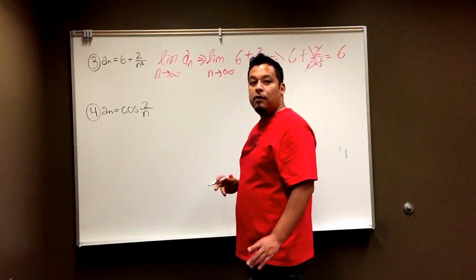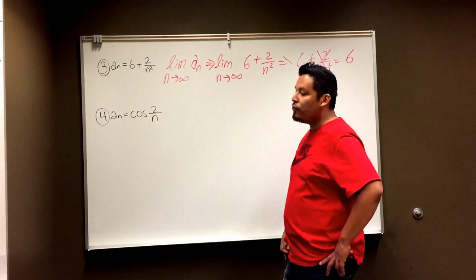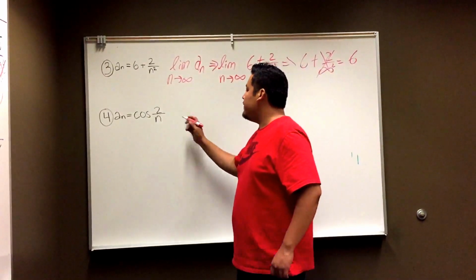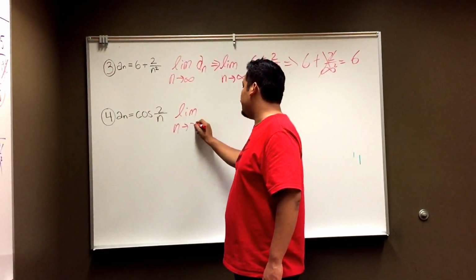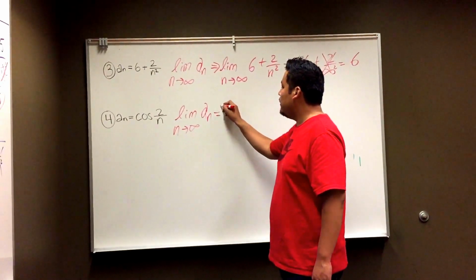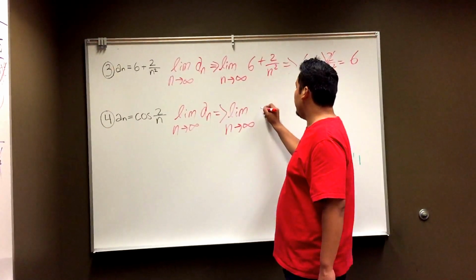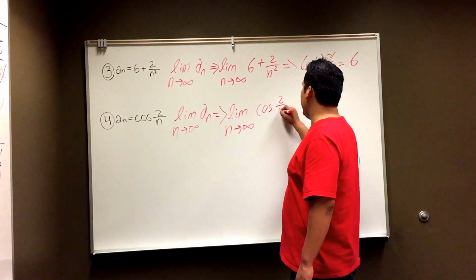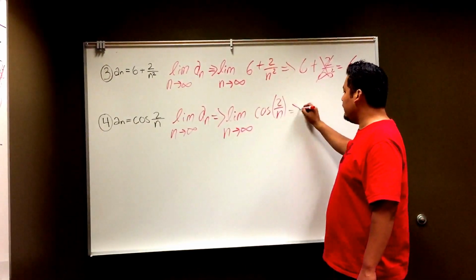Now going over the example of cosine 2n. In this situation, let's do the same process. Limit as n goes to infinity of a sub n. I'm just trying to be technical here. So again, the limit as n goes to infinity of cos 2n, and again, this is a simple plug-in.